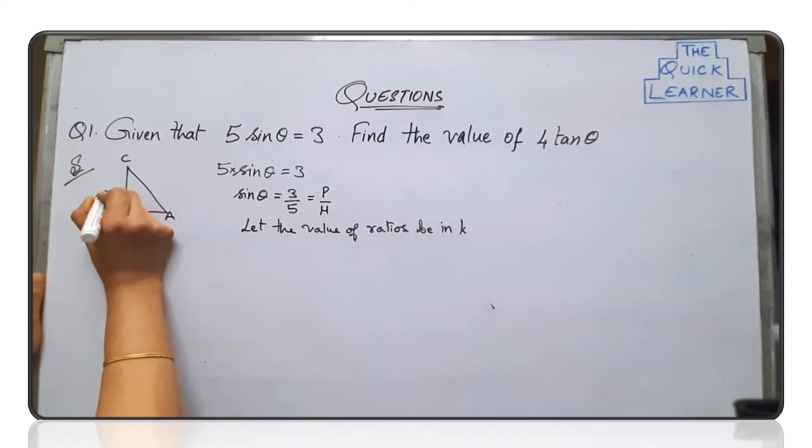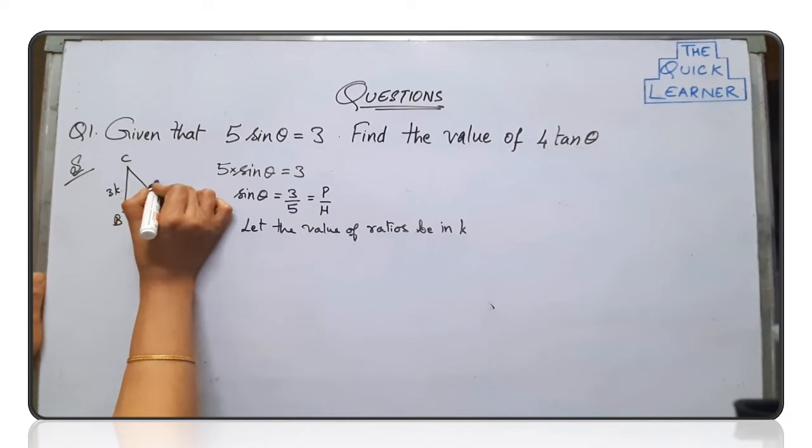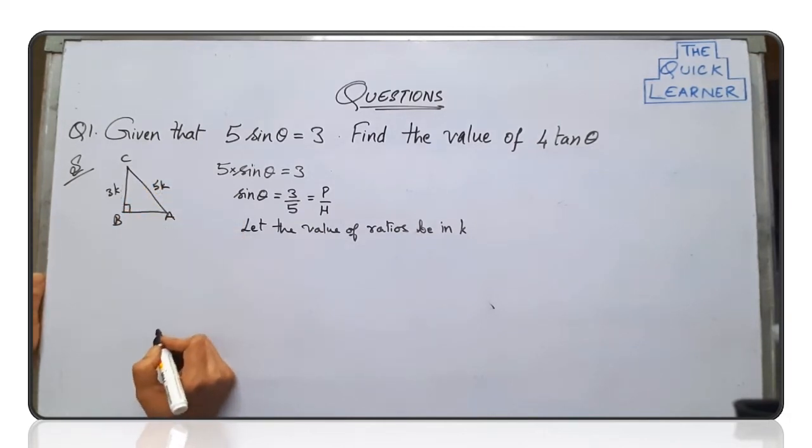So we will take this as 3k and this as 5k.